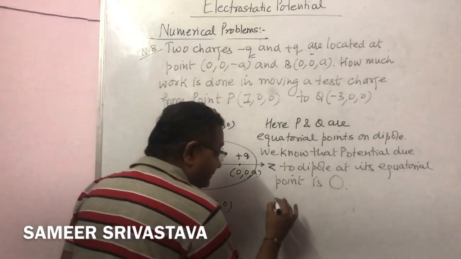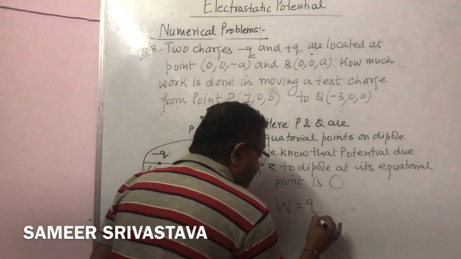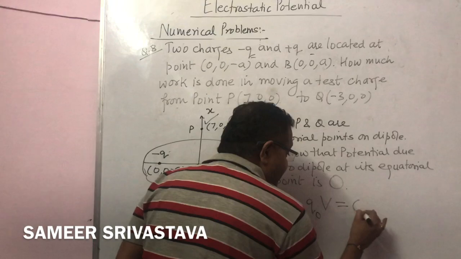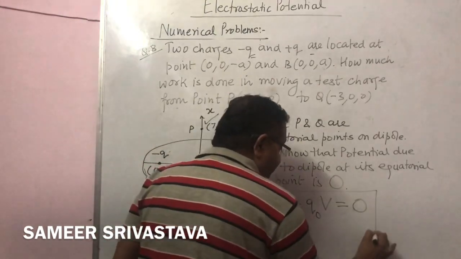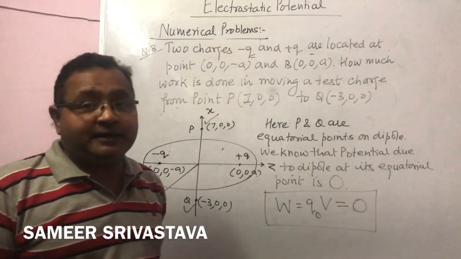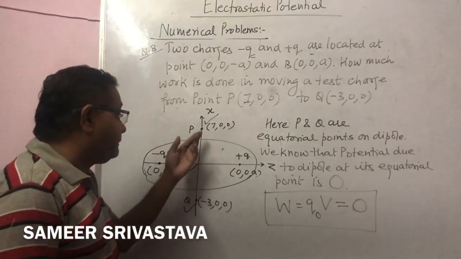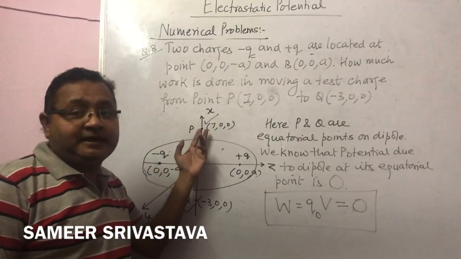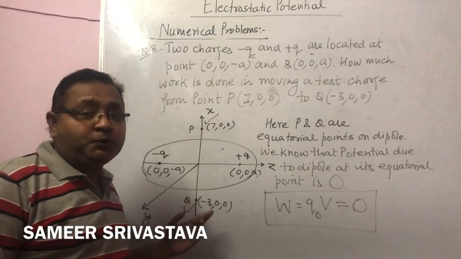So work done is equal to charge multiplied by potential difference, so work done will be 0. So the answer will be, there is no work done in moving a charge from the point P to Q.